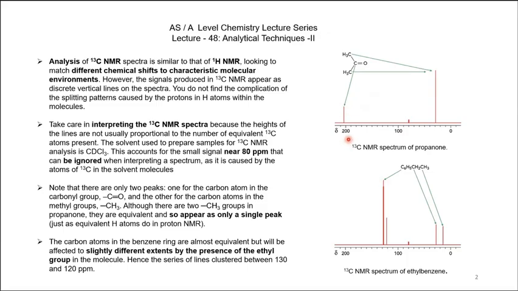That's what I have analyzed here, and then we take another compound, another spectrum, and you see again that the molecule is dissolved in CDCl3, and therefore we are getting a peak here.